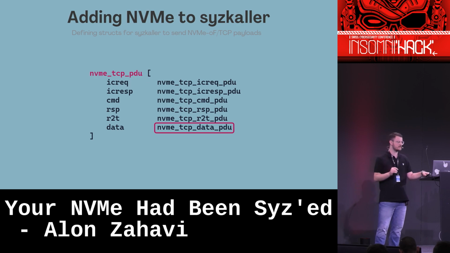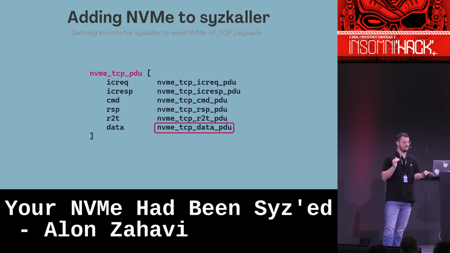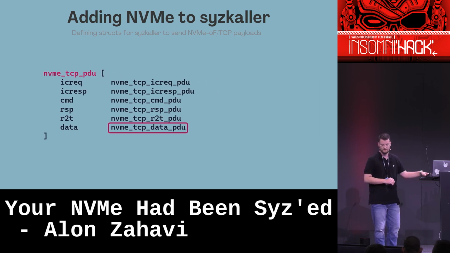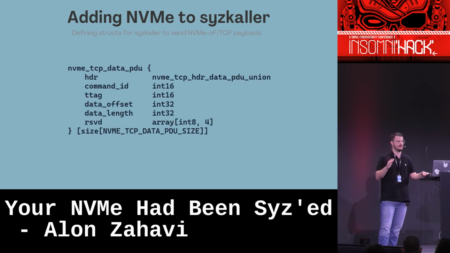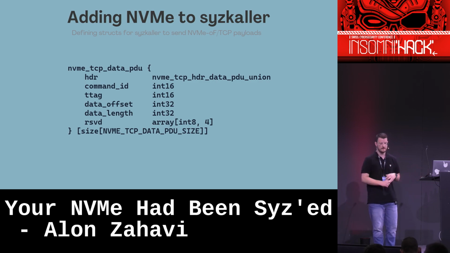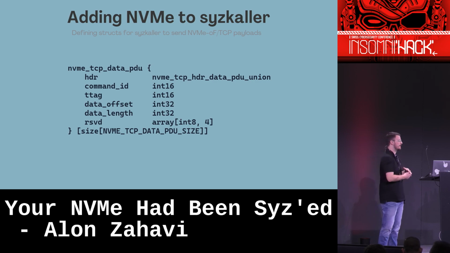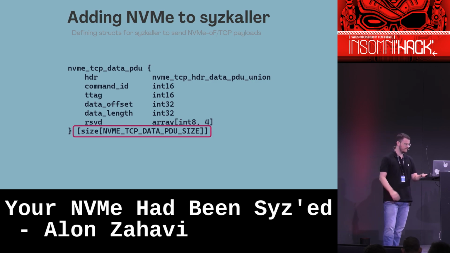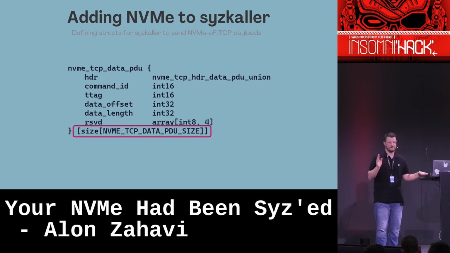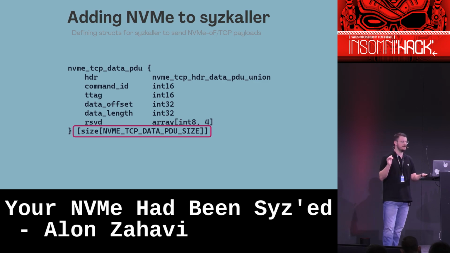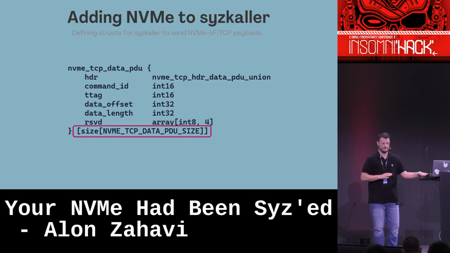This is the structure that will get eventually to the NVMe driver with some data PDU. This is just to send the data and not any other command. The structure looks like this. We have inside the 6 fields, and by the end you can see it from size NVMe TCP data PDU size. This is a constant that was created when we built Syzkaller. This is just 32 bytes, so don't get over it.